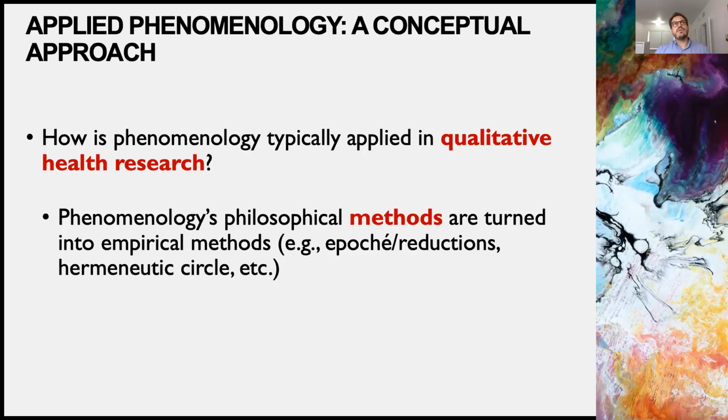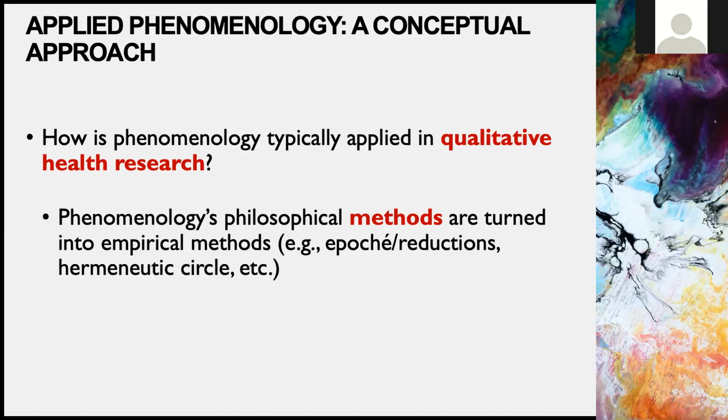And Zahavi has recently argued that a lot of these methodologists, the approaches they're taking from philosophical phenomenology aren't actually doing what they think they do. So he's argued that they've misinterpreted the role of things like the epoche or reduction in Husserl's project, and that actually what they're doing with it in qualitative research is something fundamentally different.